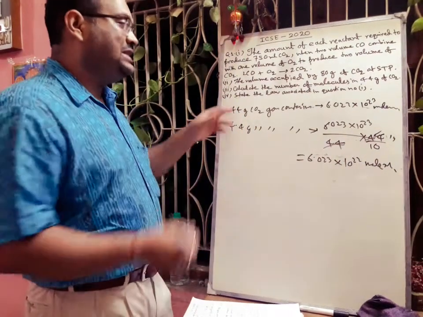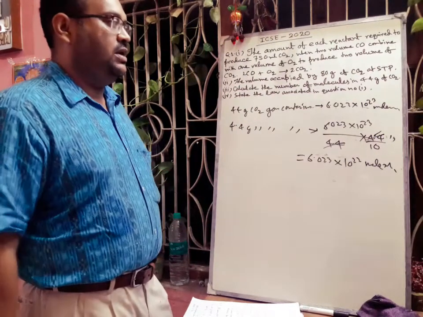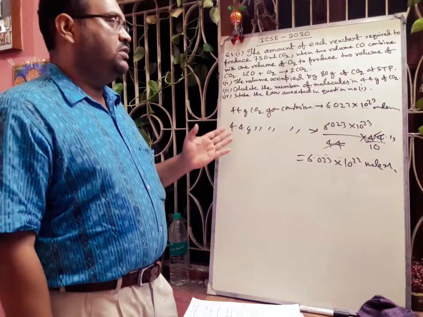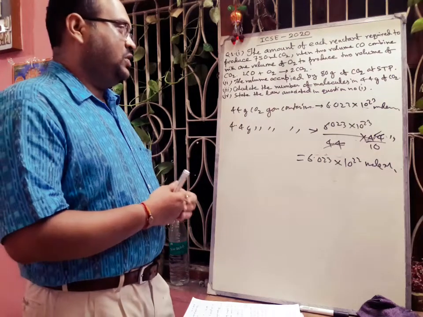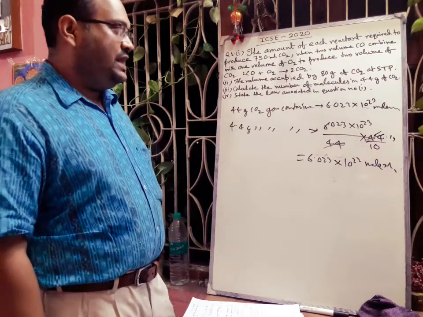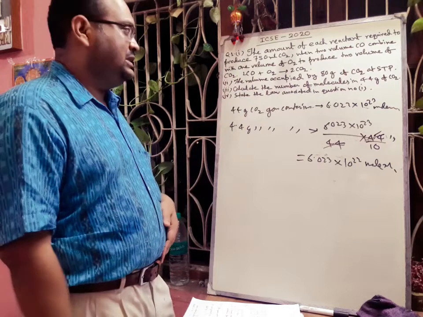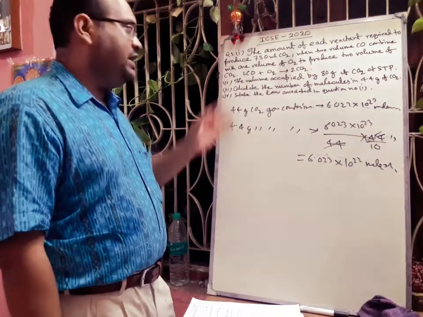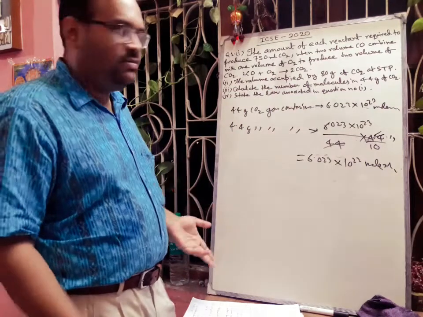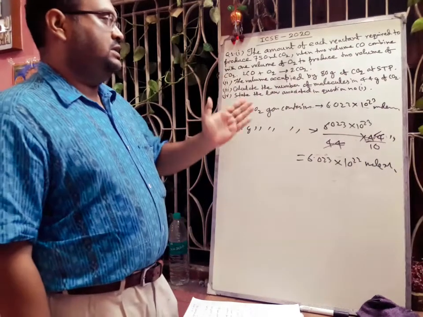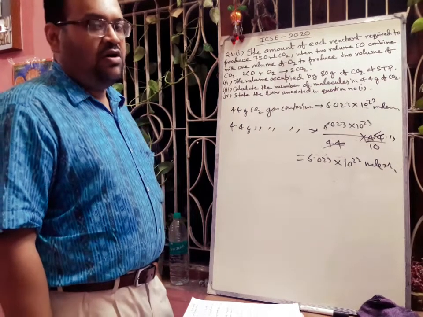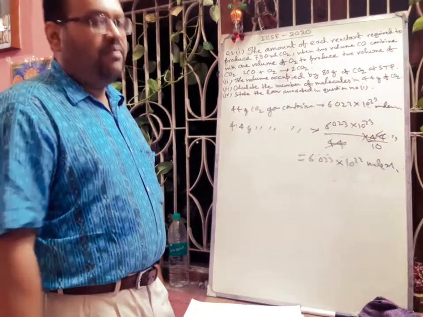And the next question: state the law associated with question number 1. That means Gay-Lussac's law. Gay-Lussac's law tells us that when the reactants and products are both gaseous, their ratio of volumes is a simple whole number. Here 2:1:2 is a simple whole number. So the law associated with this question is Gay-Lussac's law of combining volumes.